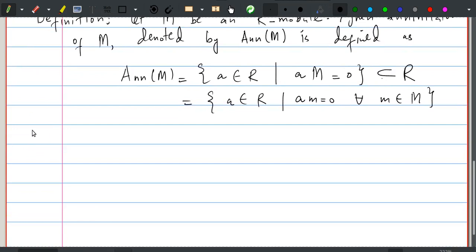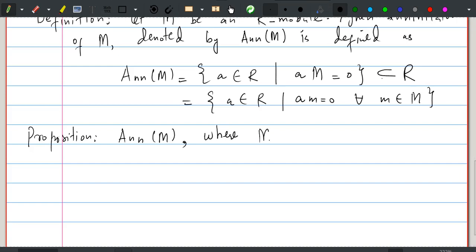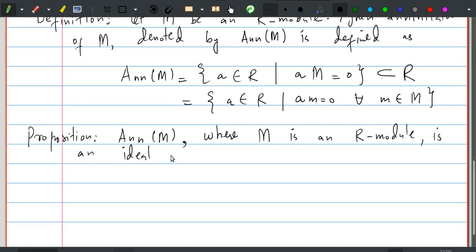So let us make this a proposition. The annihilator of M, where M is an R module, is an ideal of R. Now this is a trivial exercise to prove.